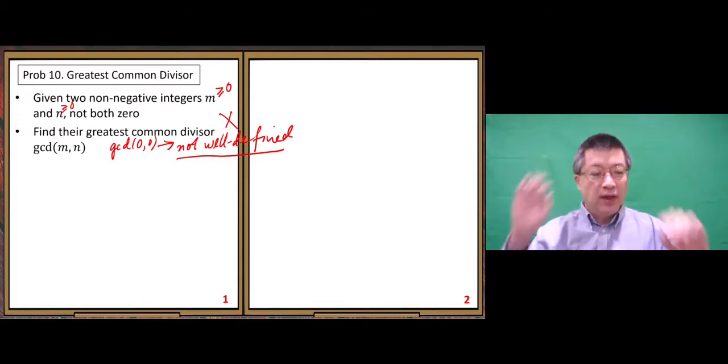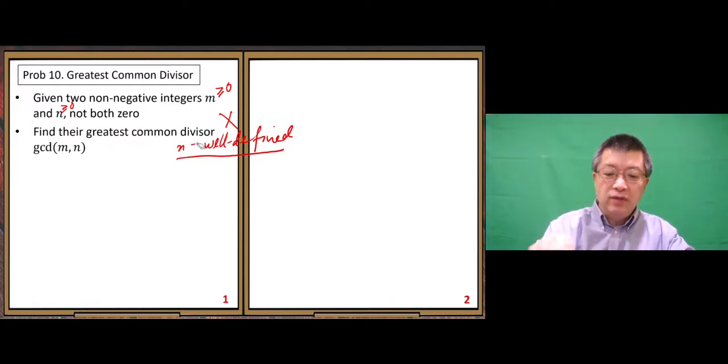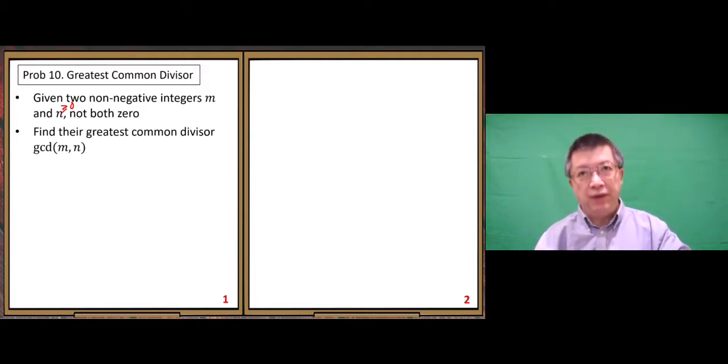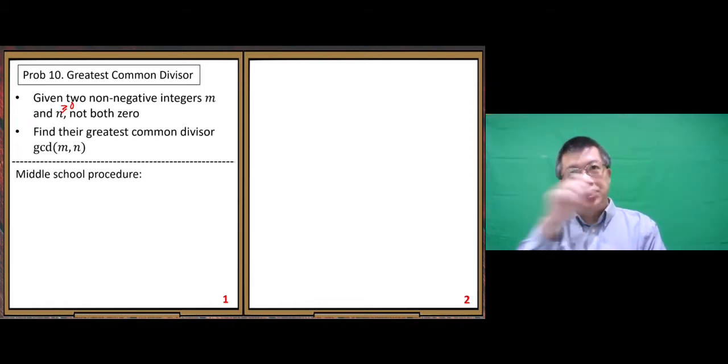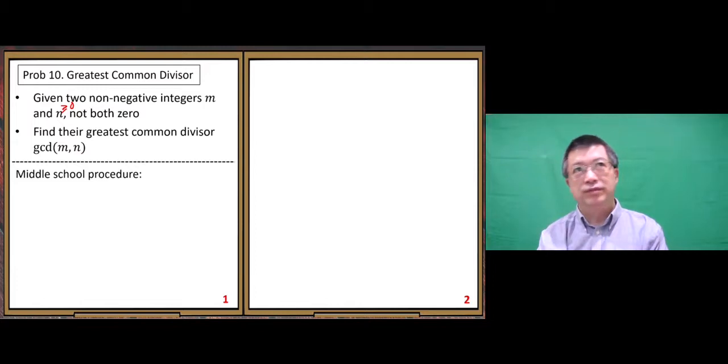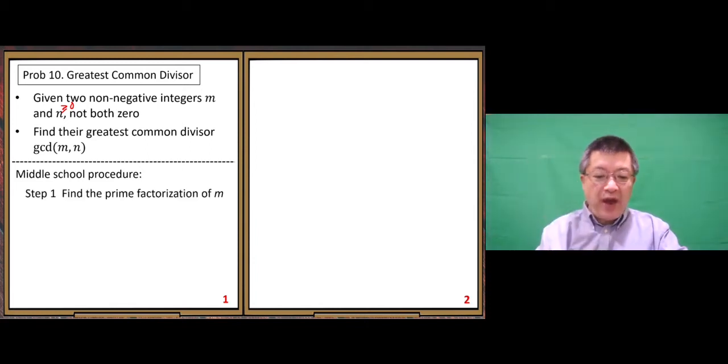So from now on in our discussion, we will assume m and n cannot both be 0. Next, how to solve it? Let's recall the middle school procedure, because this problem is also very popular in middle school math, where students are taught how to solve it.